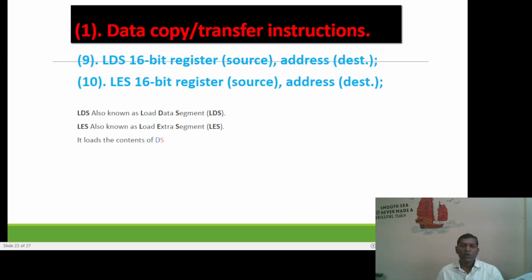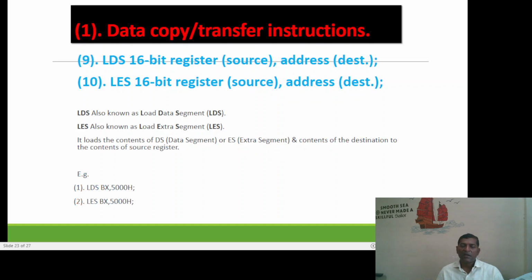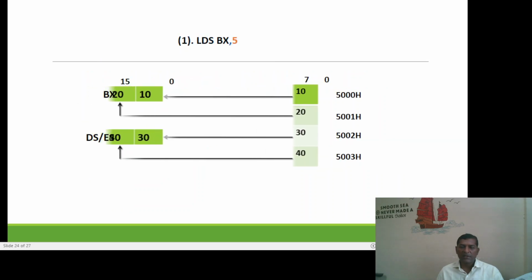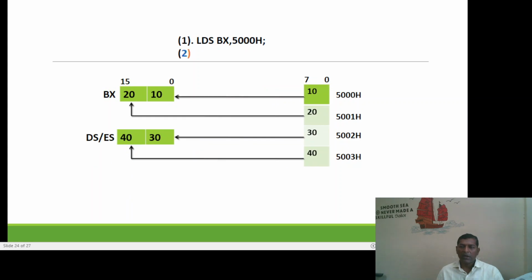LDS is known as load data segment register, whereas LES is load extra segment register. These are nothing but variants of the LEA instruction. The examples of these are LDS BX, 5000, where this is the address, and LES BX, 5000, which is again another address.